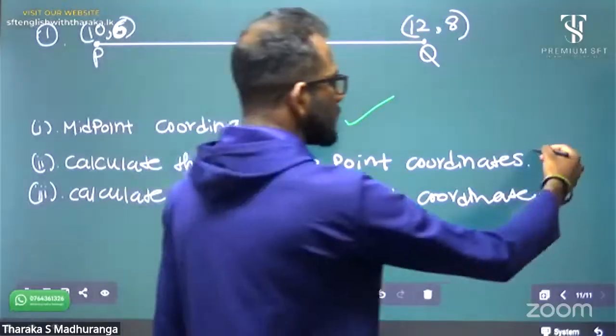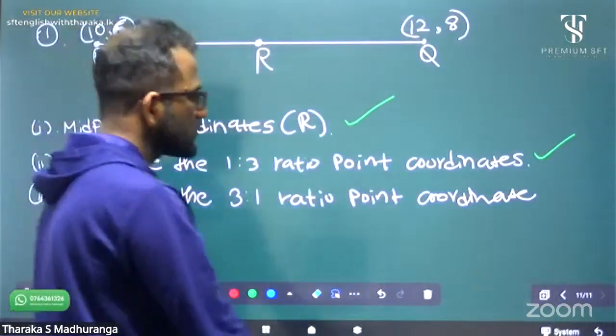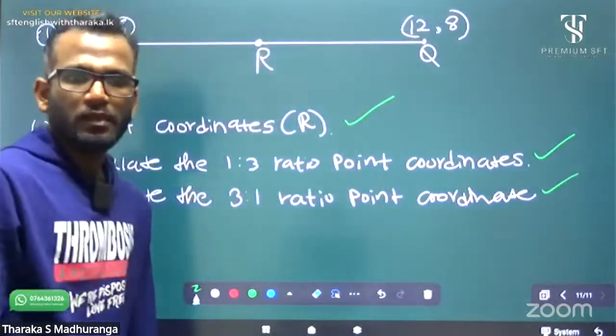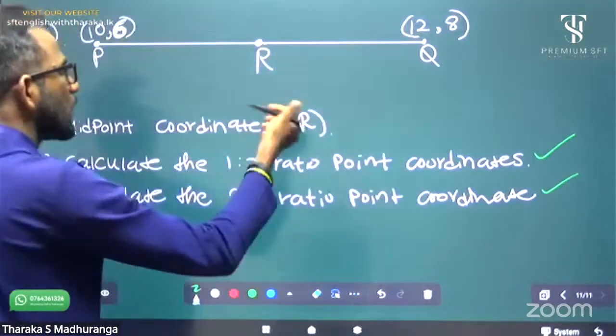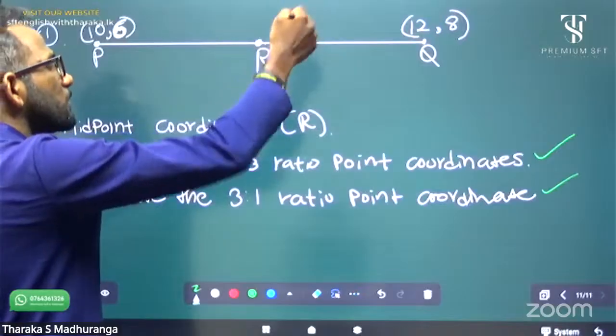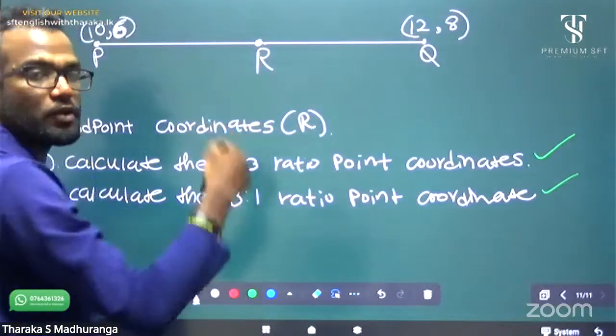Calculate the 1 to 3 ratio point and the 3 to 1 ratio point. Okay, first you can get the midpoint coordinates of the R point. That's a midpoint coordinate or center point coordinates.